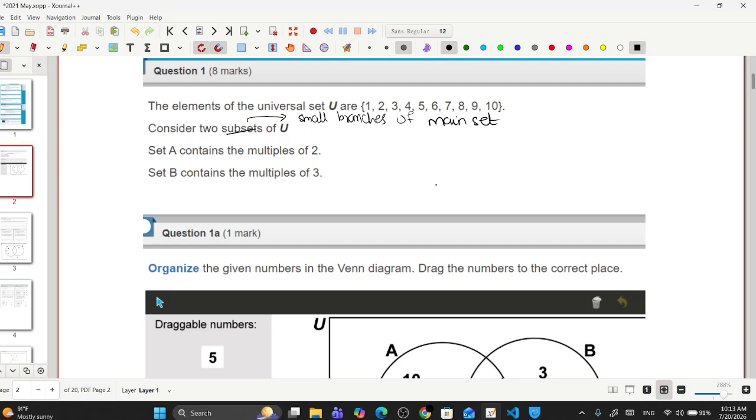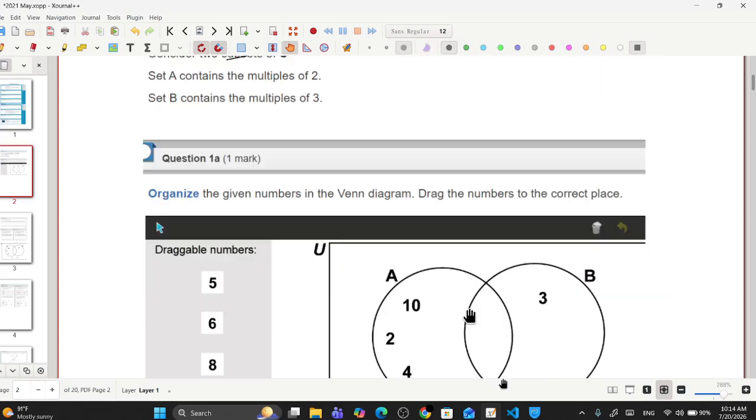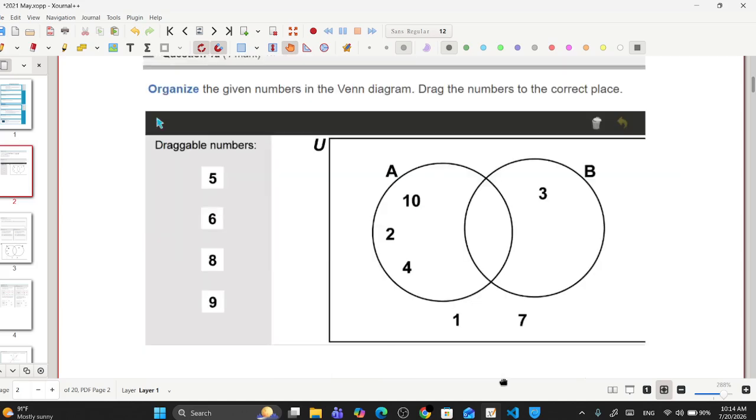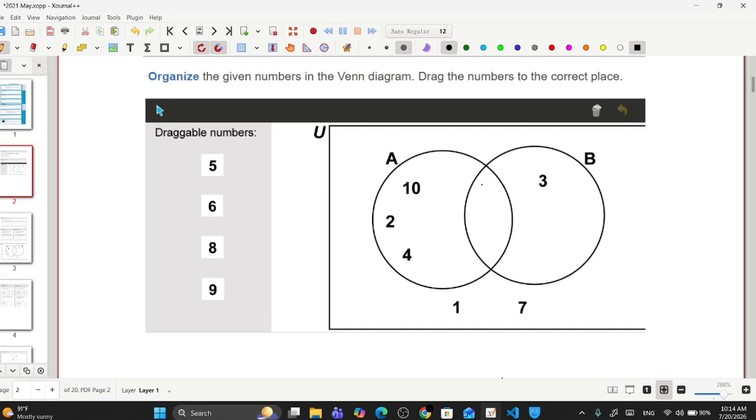So we know that the intersection region should consist of numbers that are present at both places. As far as multiples of 2 are concerned, they are going to include 8, and the multiples of 3 are going to include 9.